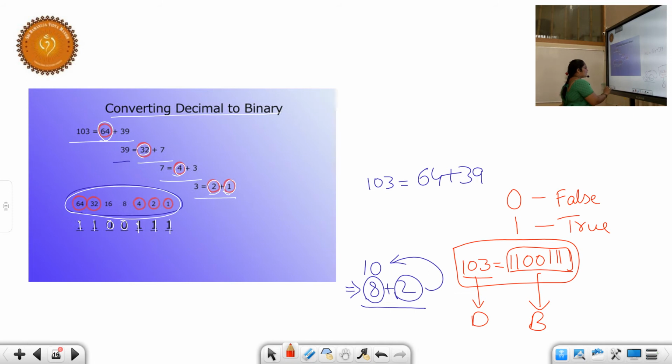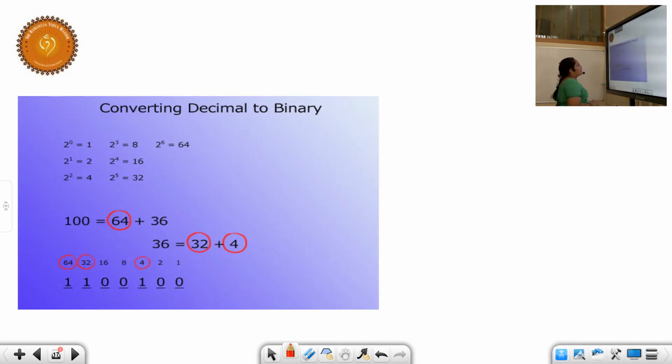So let me explain some more examples based on that. How is decimal converted into binary? Let us take 2 power 0, as in mathematical functions. While doing mathematical operations, you may observe 2 power 0, 2 power 1, 2 power 2, so you get the powers concept.